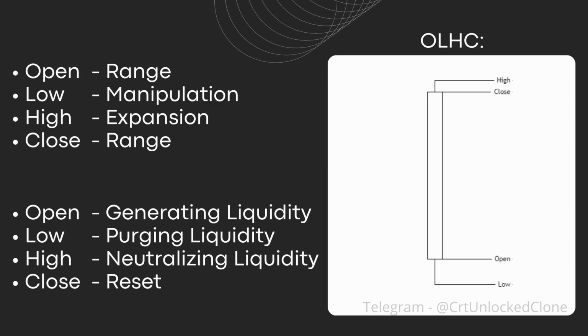So you're going to use that fact as a filter to differentiate between lower probability conditions and higher probability conditions, and you know that a ranging profile or a range is a lower probability condition for you, so you're going to stay away from the charts at the start of the opening time or whenever liquidity is being generated, above a key level or below a key level.